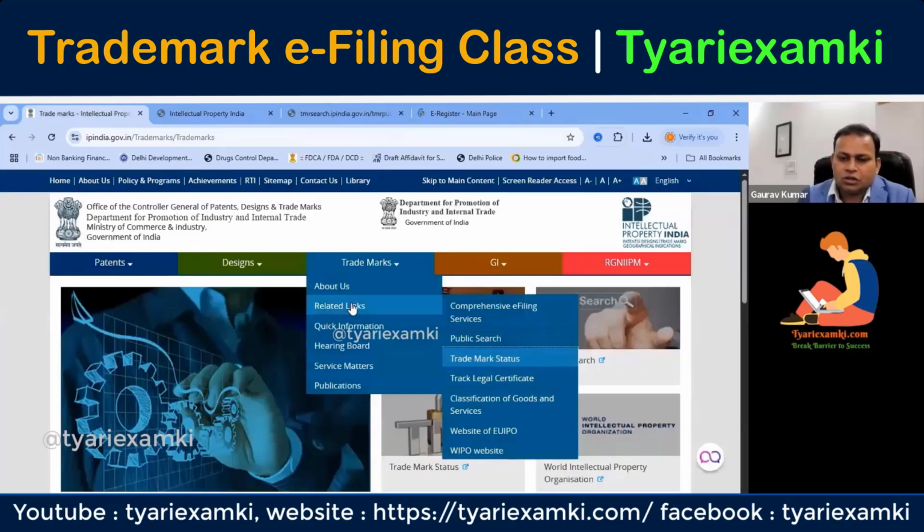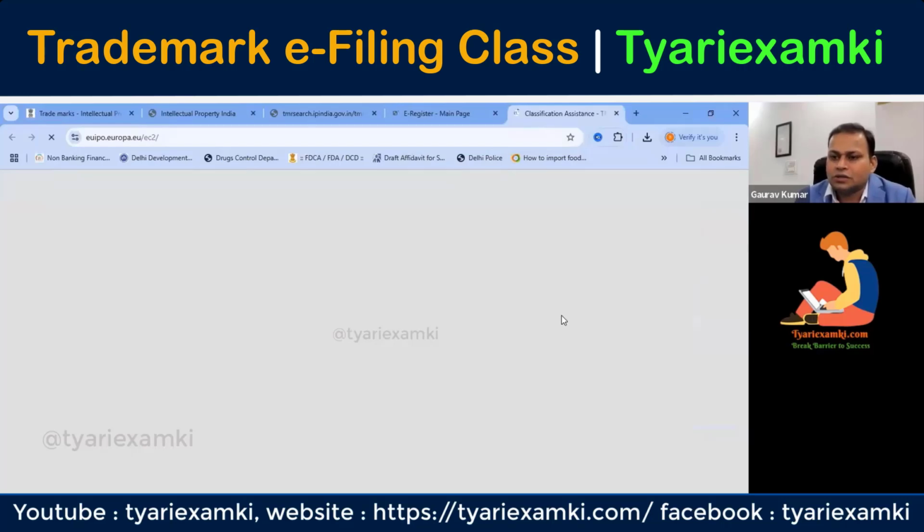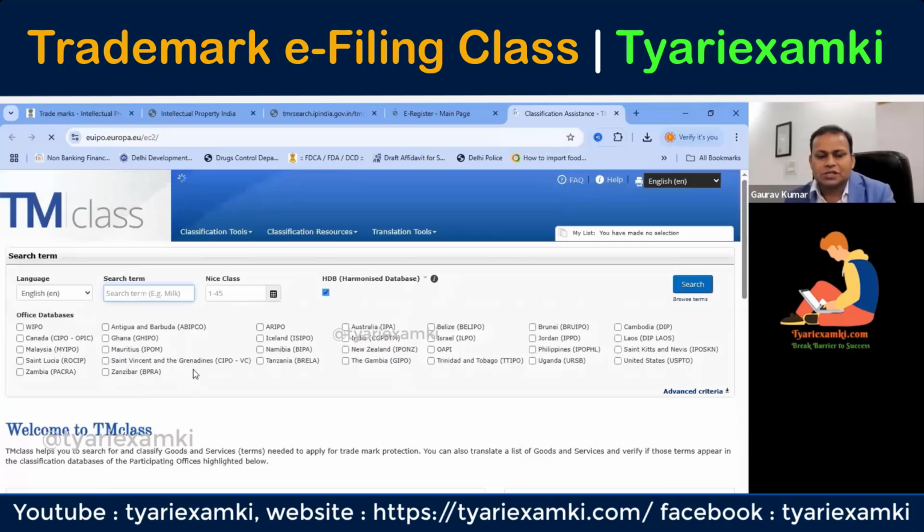Now the fourth portal given here is the classification of goods and services. When we apply for a trademark, we need to provide the goods and service descriptions, and these descriptions should be presented in this TM class. It is not like you can write anything in your goods and services description under the trademark.